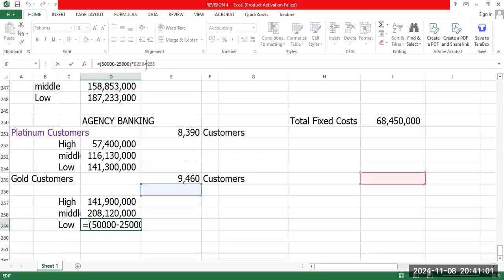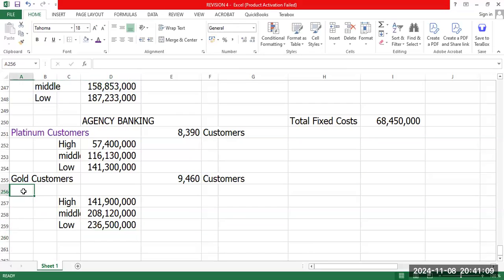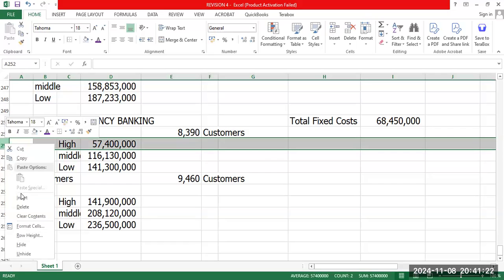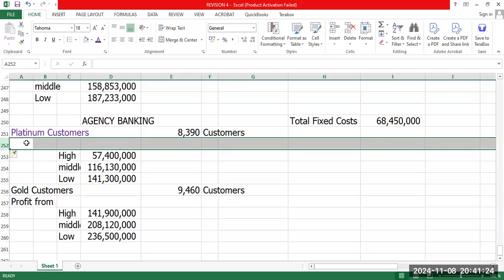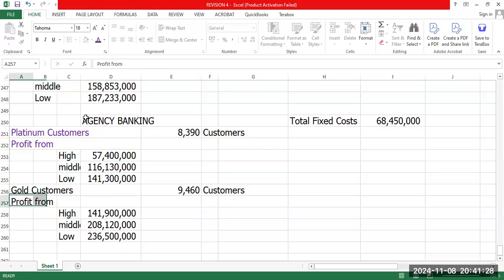So basically that is profit from this income level earners. Okay, this is profit. Any question?